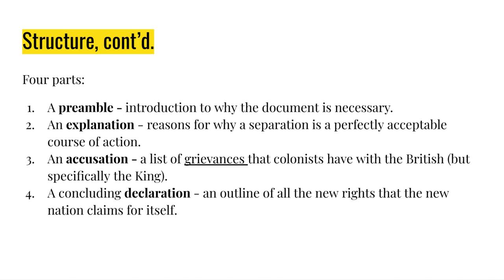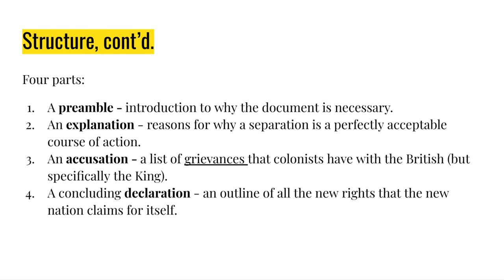Third, there is an accusation, where Jefferson lays out all the grievances that colonists have with the British, specifically the king. Now keep in mind, and this is a good vocabulary word for you, a grievance is simply a reason to be angry.